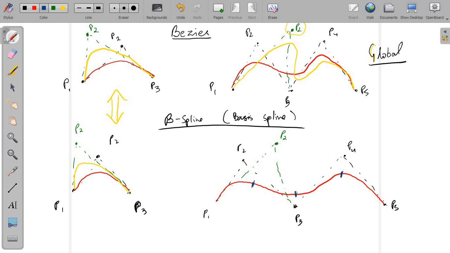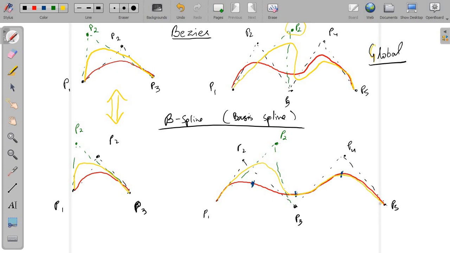So when we pull a particular point, see this particular segment is between P1, P2, and P3. So this particular segment P1, P2 and P3 will change, but the segment between P2, P3 and P4, and P3, P4 and P5 will remain the same. So when we pull this in B spline, this part will change, but from here it will remain the same.